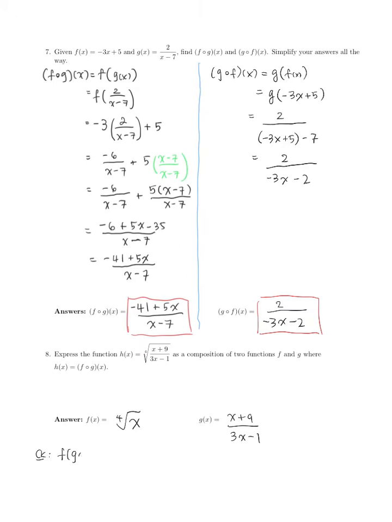F of g of x is going to be f of x plus 9 over 3x minus 1, which is going to give us the fourth root of, pretend that's a fourth root, x plus 9 whole thing over 3x minus 1. So it checks. So here is f of x, and here is our g of x.